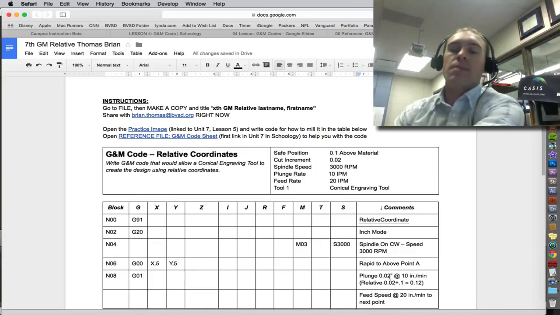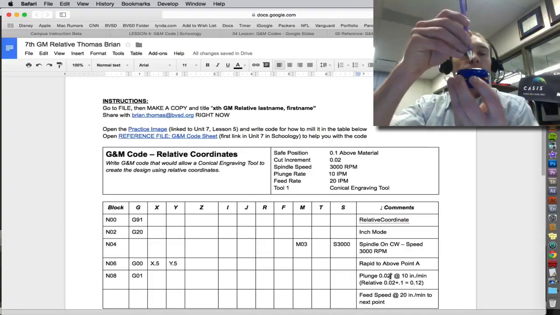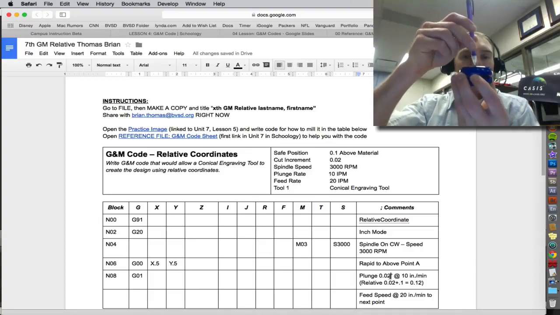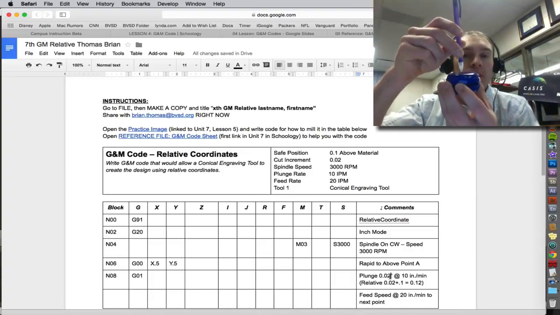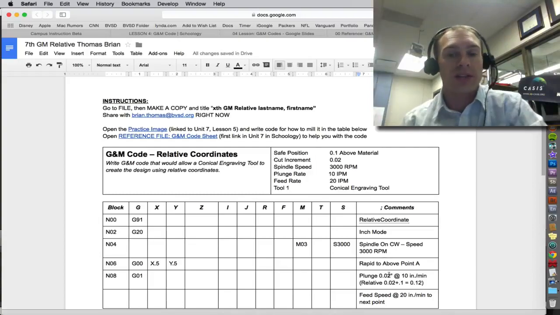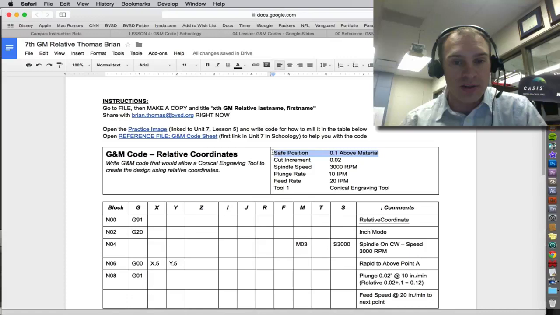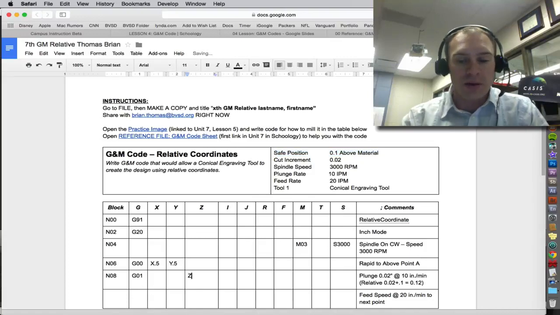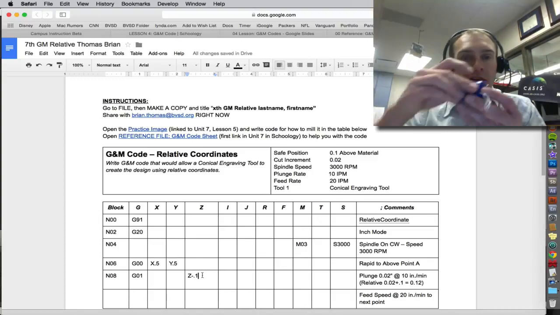So we need to actually make up that distance, that 0.1 that we start, because we're not starting right on the yo-yo. We're starting just above it at 0.1, which is really important that you set to that safe position. So since we're doing that, we need to go a Z negative 0.1, and then that just gets us down to the surface of the yo-yo.